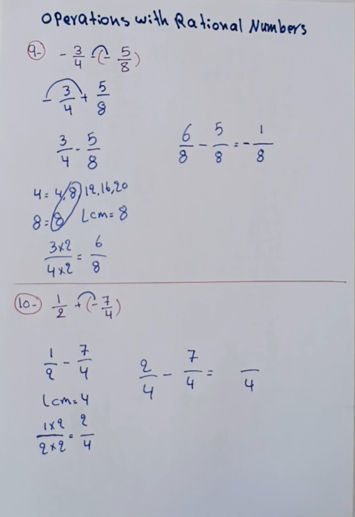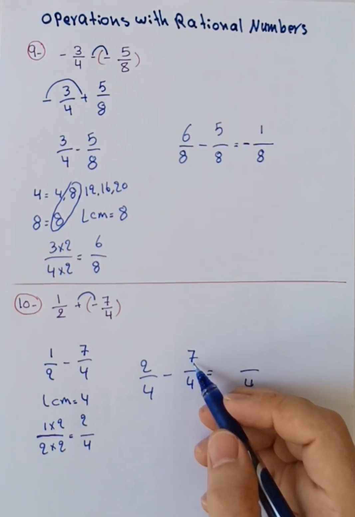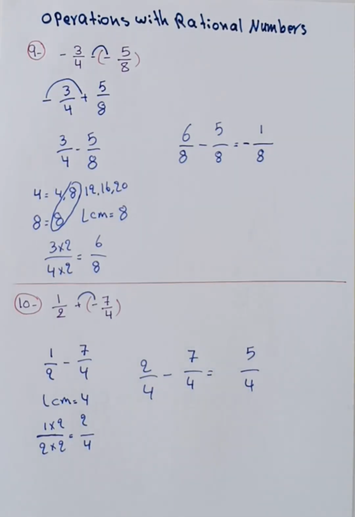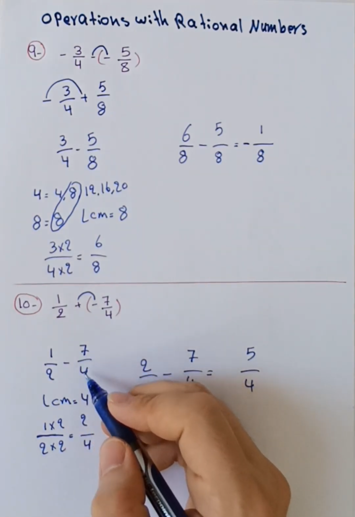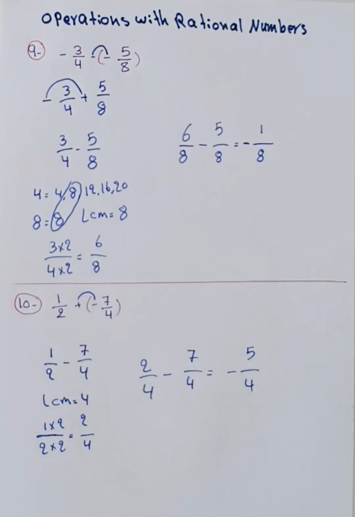The denominator is 4, and then 2 minus 7, we can say 7 minus 2 is 5, and then we have to write the sign of the larger number. The larger fraction is 7 out of 4. 7 out of 4 is negative, so equal to negative 5 out of 4.